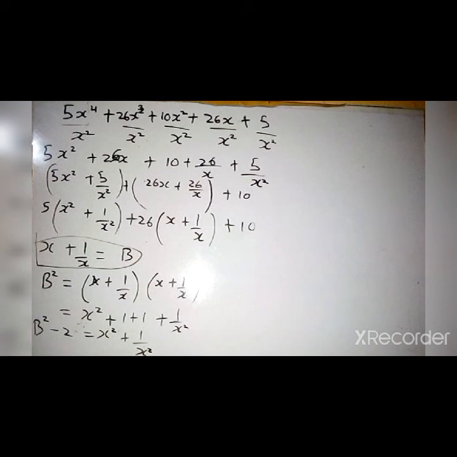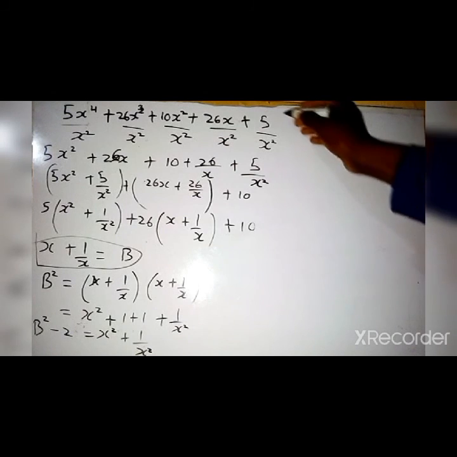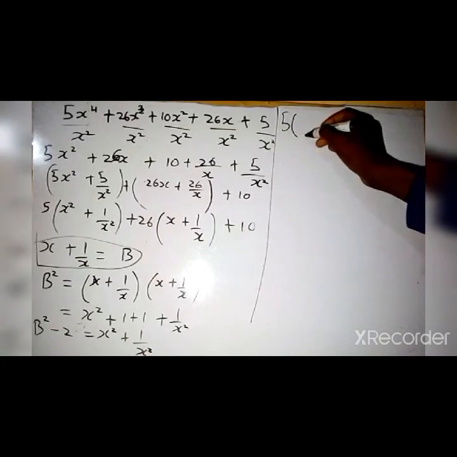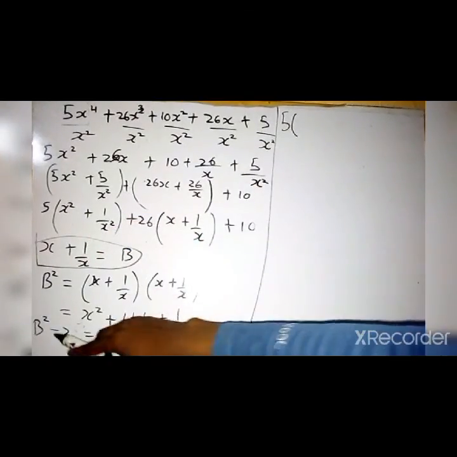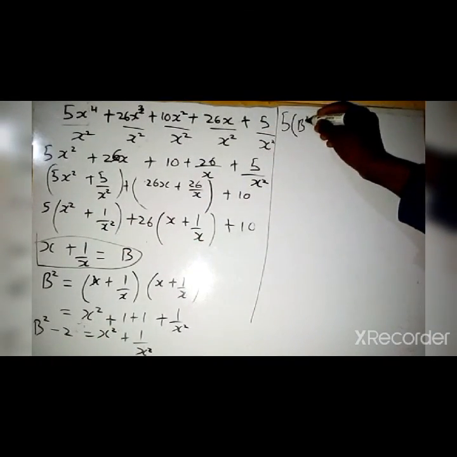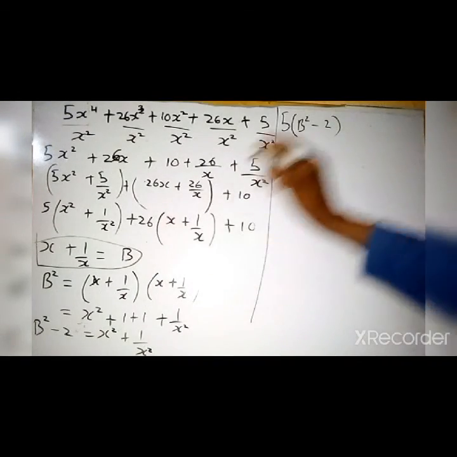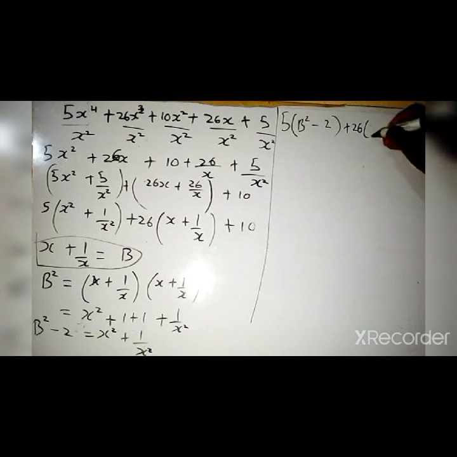So we will still make reference to this, that recall that x plus 1 over x equals b. Now we insert this value: it will now be 5 into bracket b squared minus 2, close the bracket, plus 26 into bracket b plus 10.